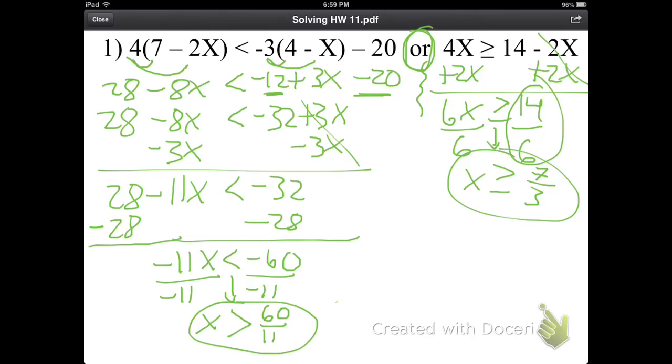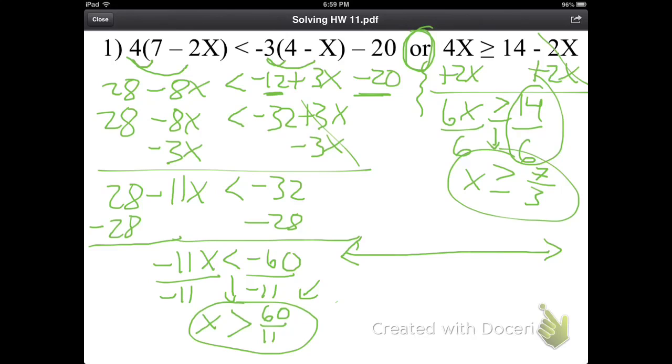Okay. So looking back at the instructions, we're also supposed to graph our solution and write the answer in interval notation. So here I'm going to put down a little number line. 60/11 is just over 6, by the way, because if it was 60 over 10, it'd get 6.